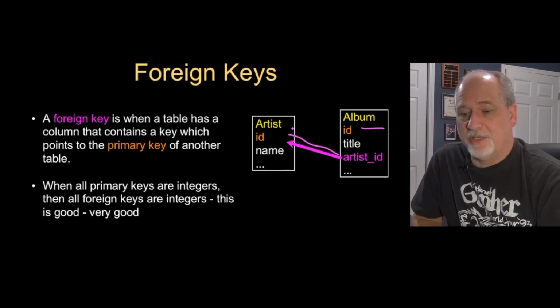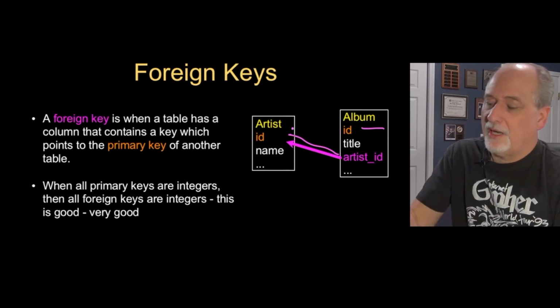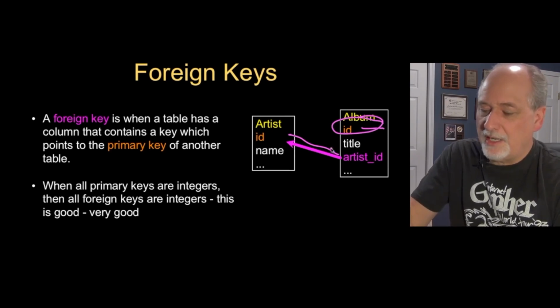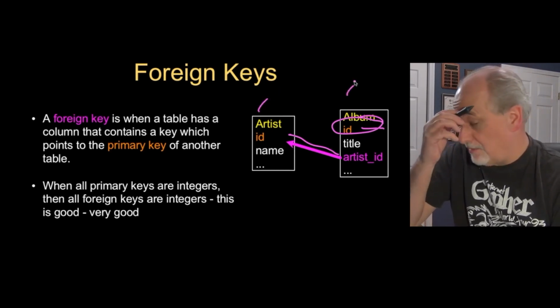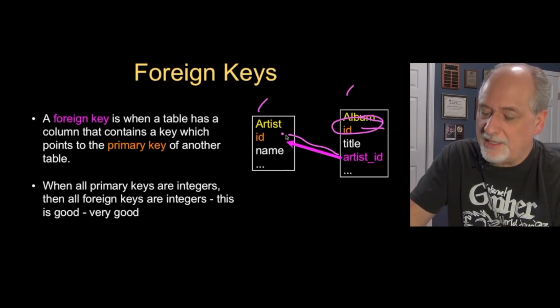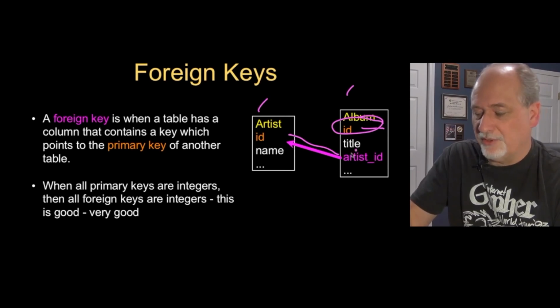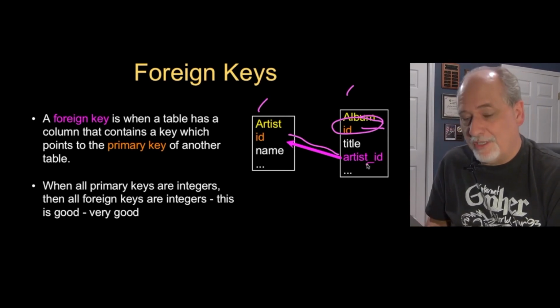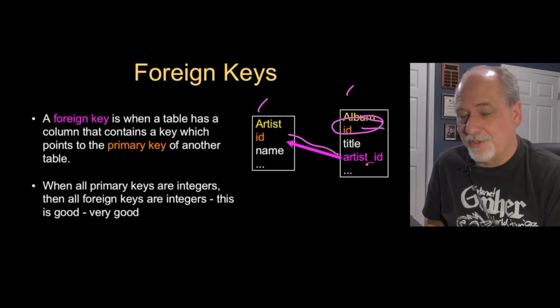I have a naming convention, and in my naming convention on this lecture, I use ID for the primary key, and then artist underscore ID, I use uppercase for the table names. And then artist underscore ID says this is a key that points to the ID key of the artist table. So you'll see in all my stuff I'll use that. It's a convention. It's not something SQL forces you to do.